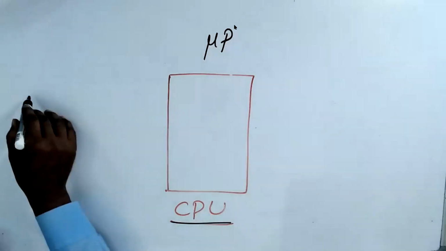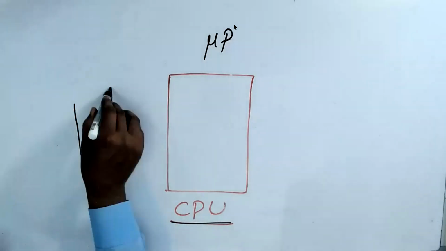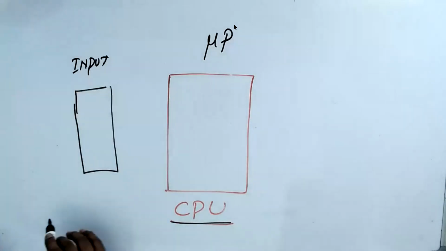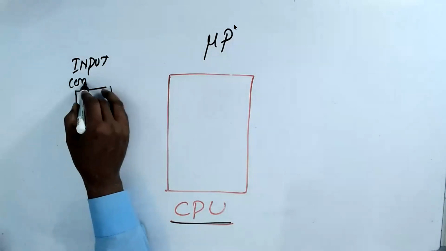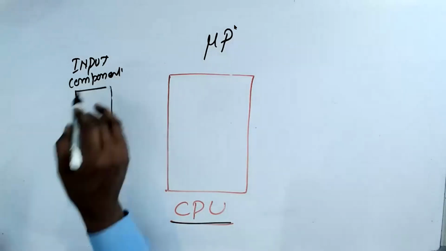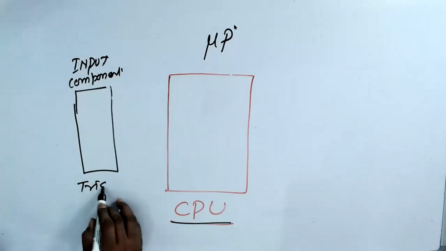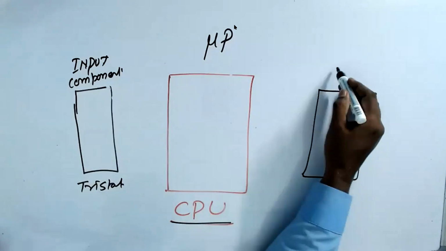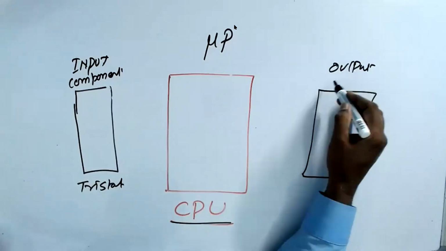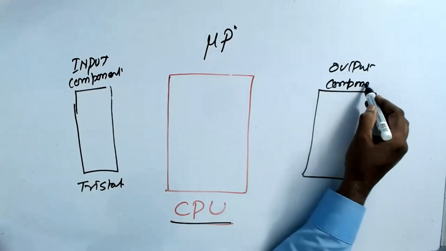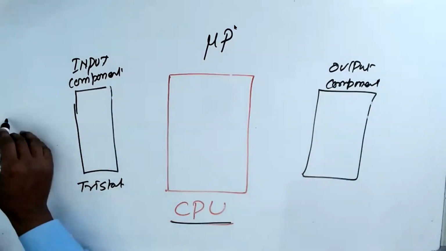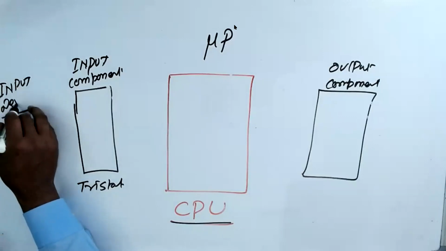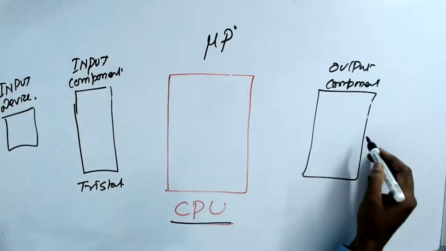Then I have an input component or tri-state buffer, and I have an output component. And there is an input device and an output device.